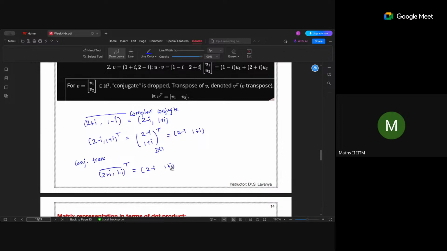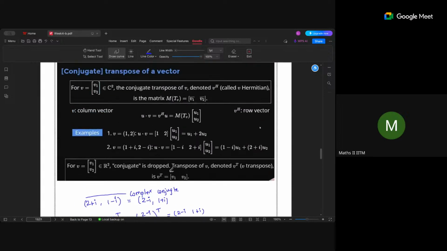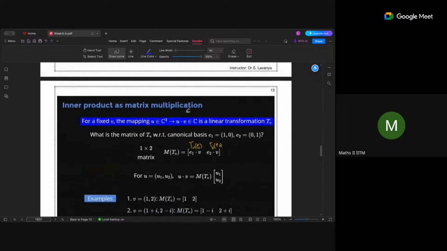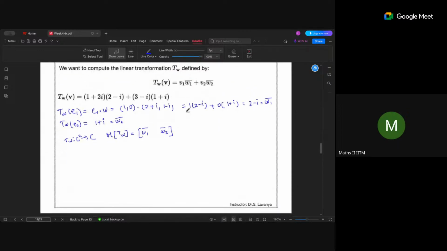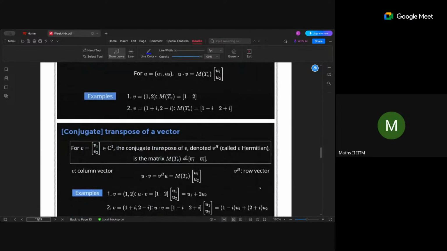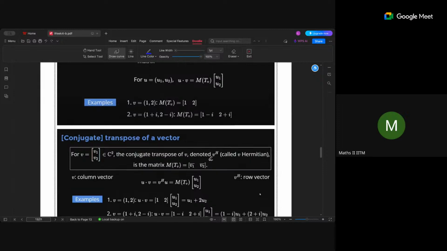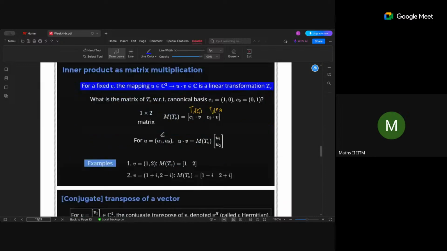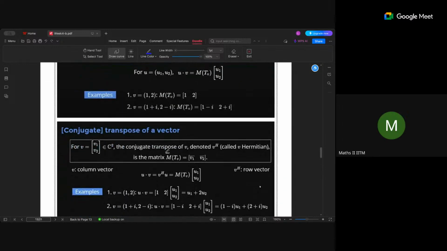Here we see that they are giving it in terms of M of TV. So M of TV is V1 bar, V2 bar, that's what we have written here. This is the complex conjugate of any given vector V. So for a given vector V, M of TV gives the complex conjugate.